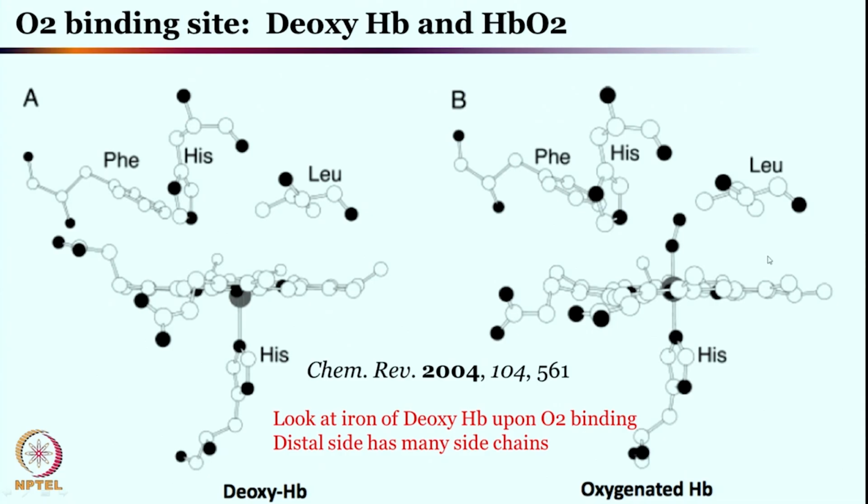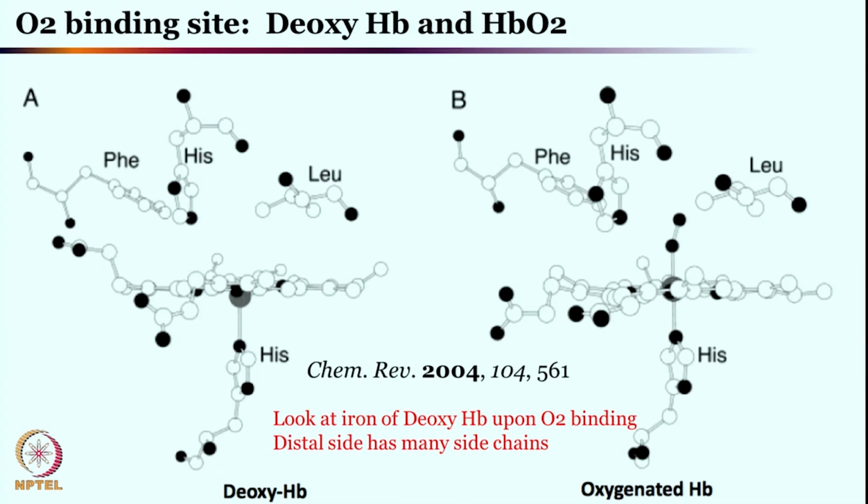Now we also understand that this histidine will move in as soon as this iron center moves into the cavity. This histidine also moves inside, and this pull or trigger will act as a trigger for the other three iron centers present in hemoglobin, to activate them and make them ready for oxygen binding.